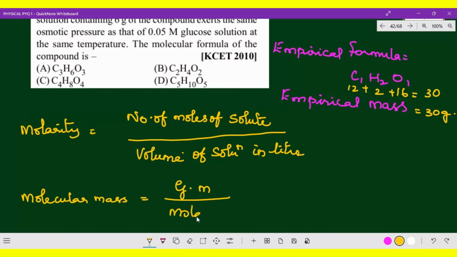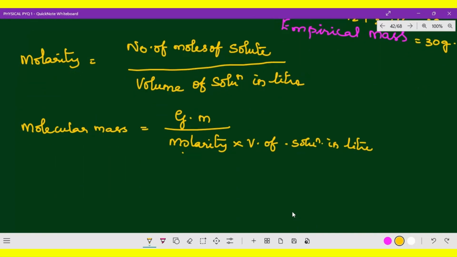So molarity into volume of solution in liter, right? Come on, let us write the data. So 6 gram, that is given mass, molarity, that is 0.05 into 1 liter, right? Usually 1 liter only we used to provide, right?